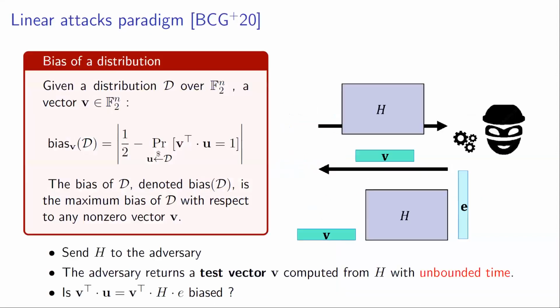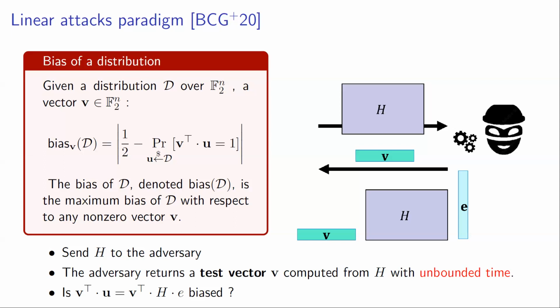To do that, we will use the linear test framework introduced by Boyle et al. in 2020. This framework consists of saying that if I send the matrix H to the adversary, and I give the adversary unbounded time to do some linear operation over the matrix, and if the adversary chooses a vector V, the adversary wins if VHE is significantly biased too often.